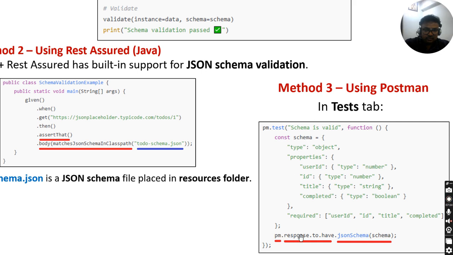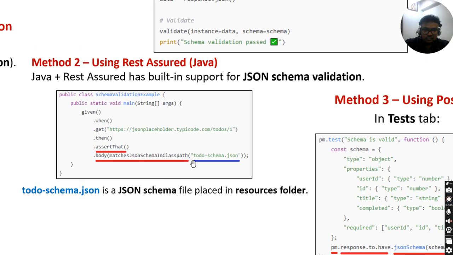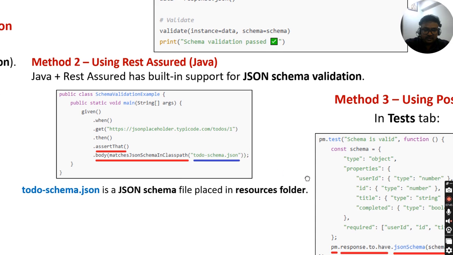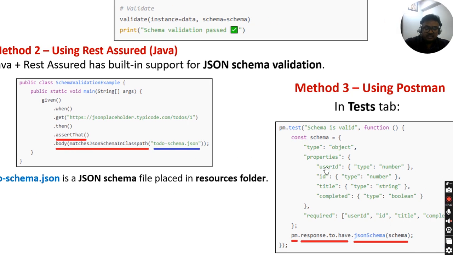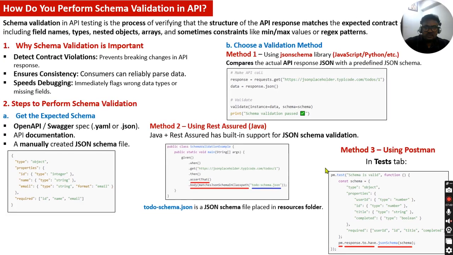This one line you should remember, and for REST Assured, if they ask you how you can validate the JSON schema, it is matchesJsonSchemaInClasspath, and then we provide the file name. These are the different ways you can validate the JSON schema, guys. But the first step is to get the expected schema that you want to validate.